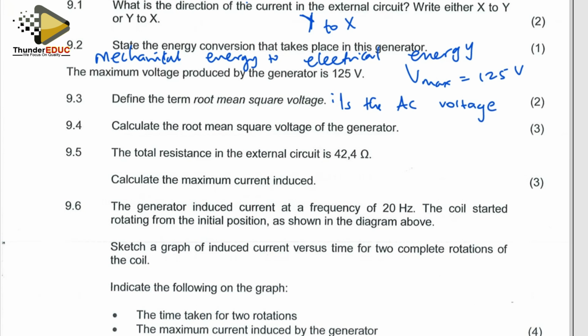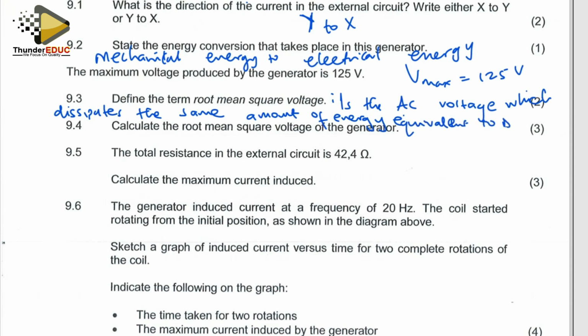It's the AC voltage which dissipates the same amount of energy that is equivalent to a DC voltage.